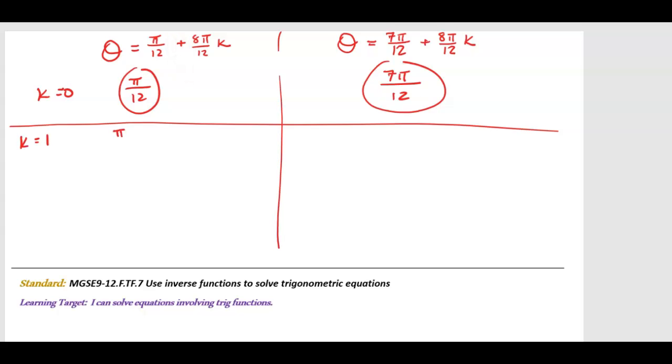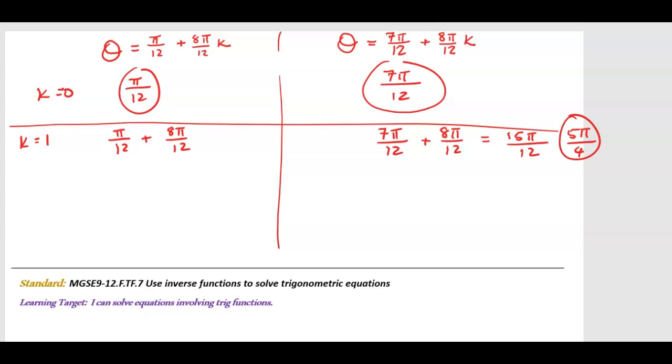So I get pi over 12 plus 8 pi over 12 times 1, which is just 8 pi over 12. Same thing over here: 7 pi over 12 plus, if k is 1, 8 pi over 12. So that gives me 7 plus 8, 15 pi over 12. Always reduce if possible. 5 pi over 4.